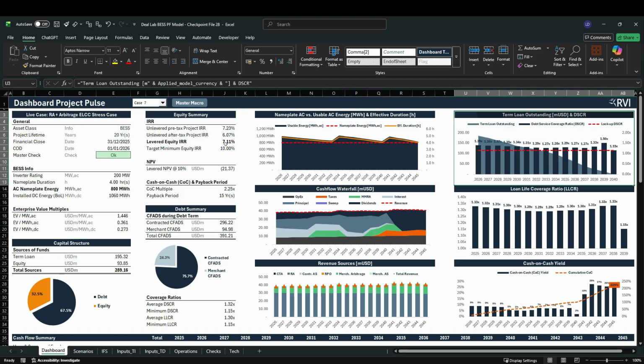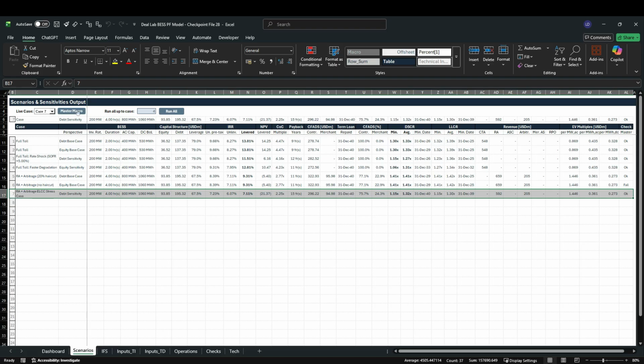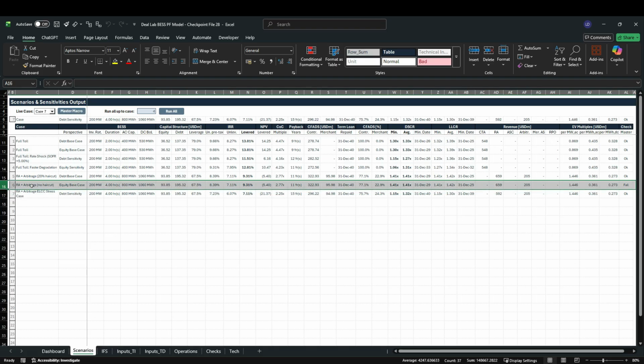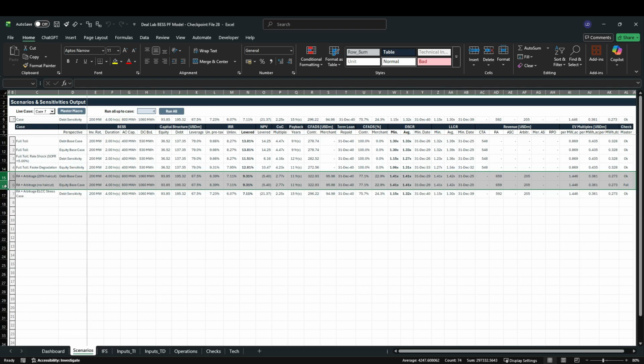That has also decreased our levered equity IRR, and we will be able to see all of these outputs in our scenarios output sheet. And we can just hit the master macro here to copy and paste the case 7 outputs. And you will also notice that when we ran our case 6 the last time, we had not executed our master macro afterwards, which is the reason why the case 6 outputs still equal case 5.